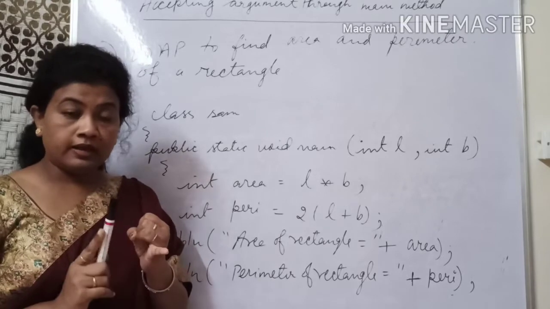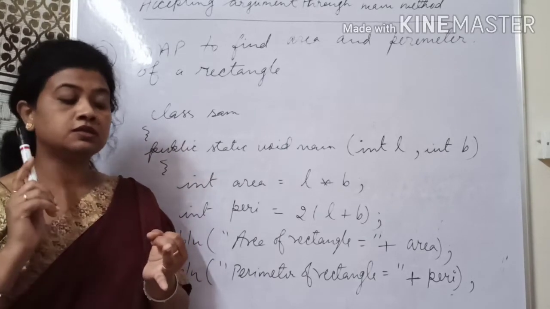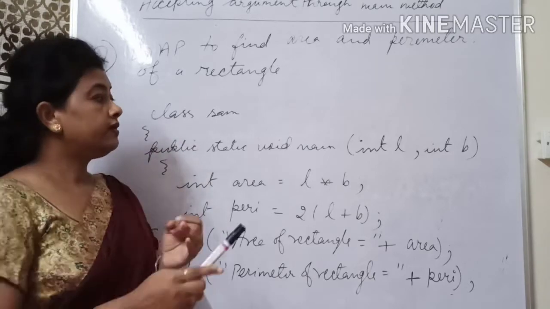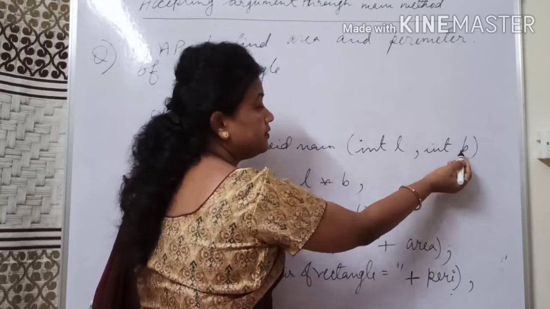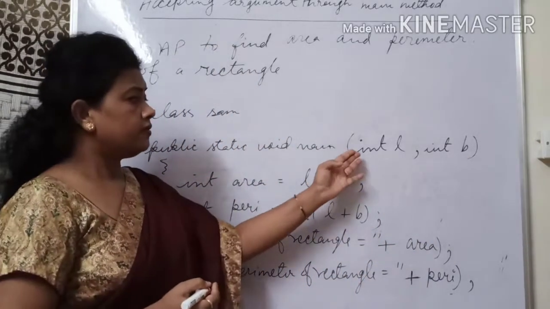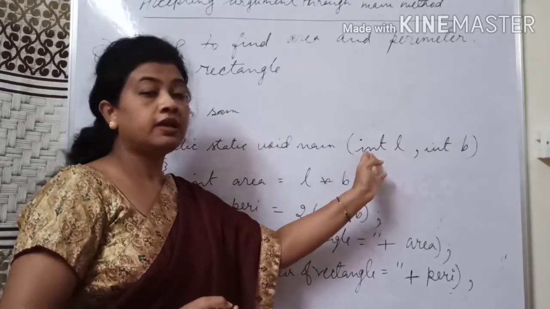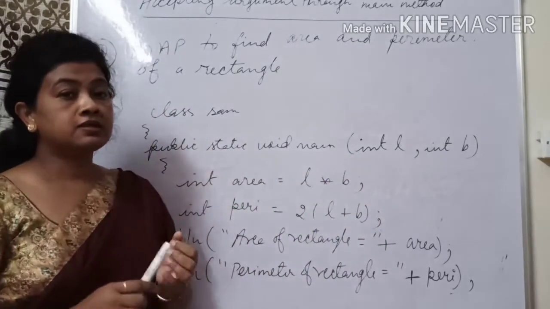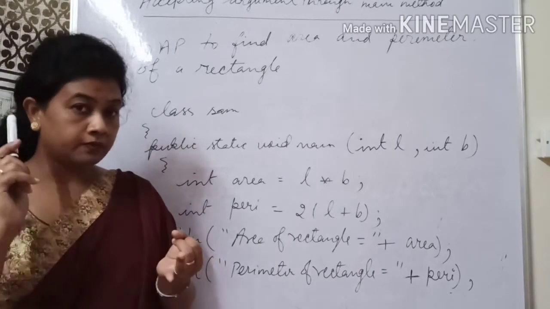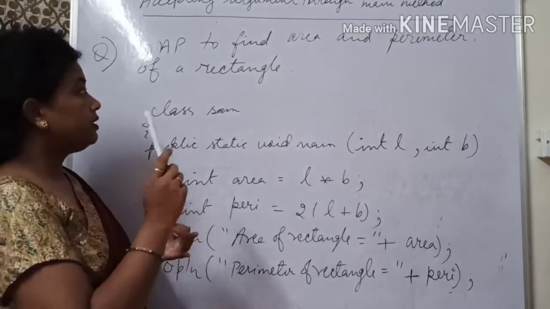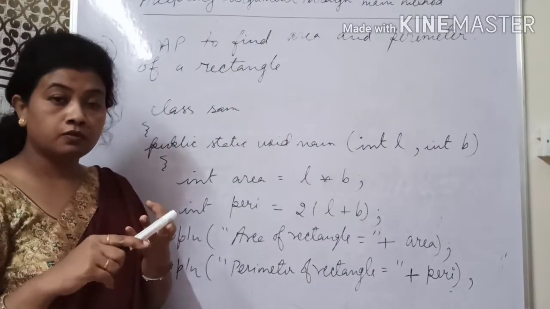Now see, as per the requirement of this question, how many variables do we have to take? One, length is required to find the area and perimeter, and another is breadth. So we will take int L to store the length and int B to store the breadth. To make my program simple, I have declared both as int data type. One variable will store length, another variable will store B, that is breadth. We have to find the area, so I have to take a third variable, whatever the name.